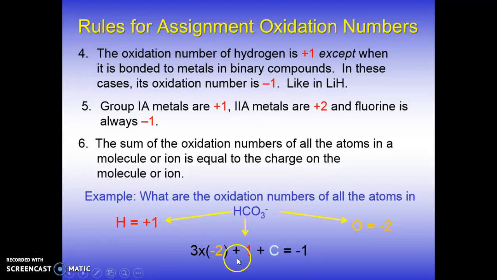Hydrogen is +1, and then plus carbon, whatever carbon's oxidation number is, all have to add up to -1. -6 plus 1 is -5. I need an overall charge of -1, which means carbon must have an oxidation number of +4. So that's how you do oxidation numbers.